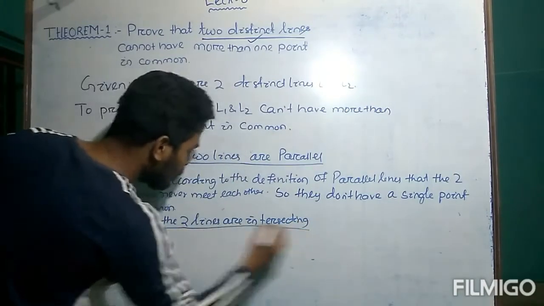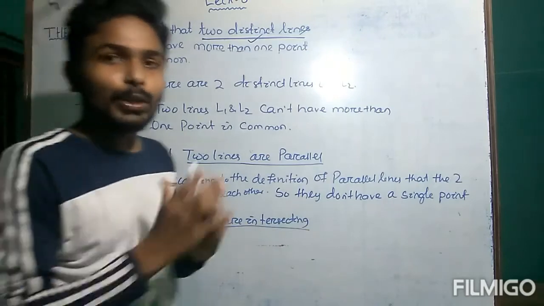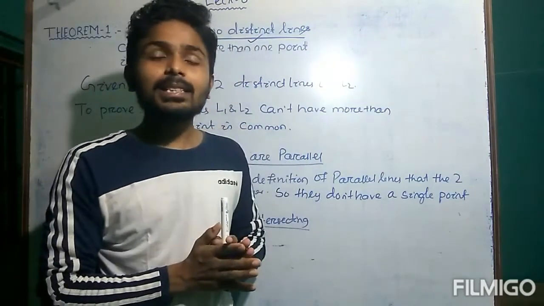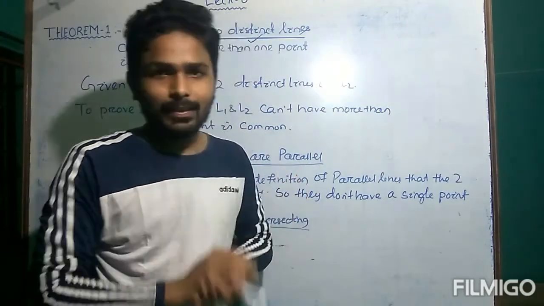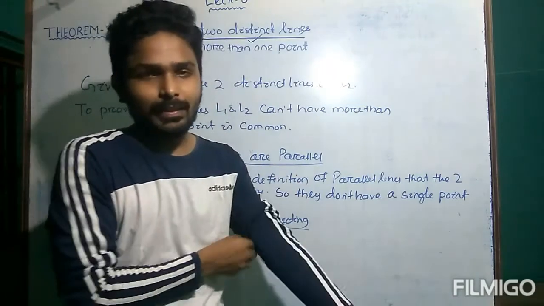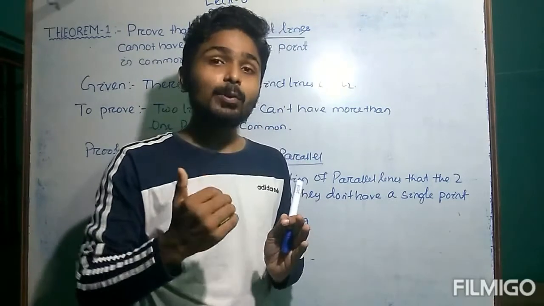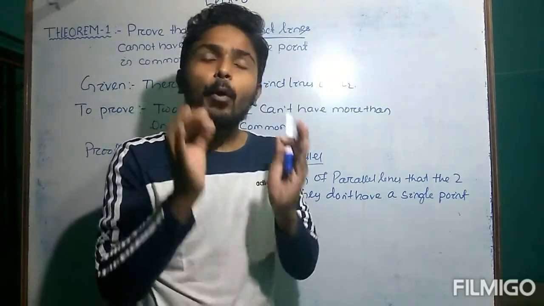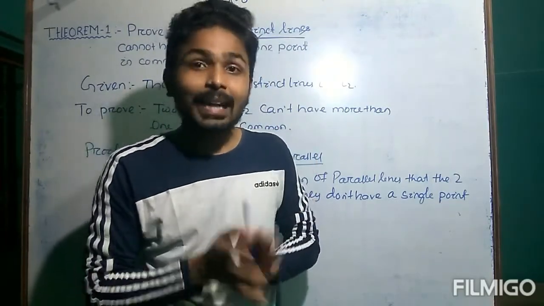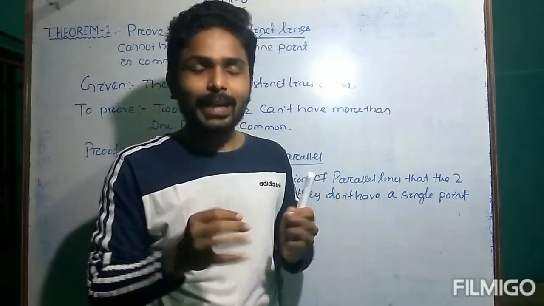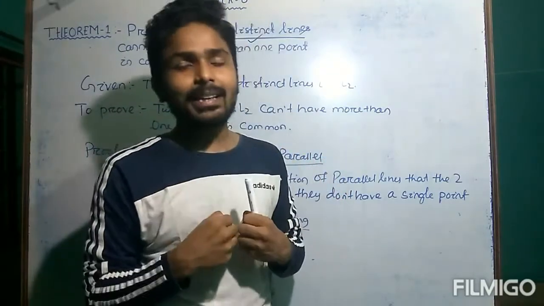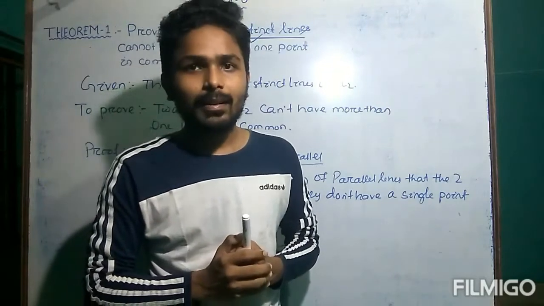In order to prove this case, we have to use a special method that is known as the contradiction method. What is the contradiction method? In the contradiction method, we have to assume or suppose a false statement, and then at last we have to prove that the assumption we have taken is wrong. Understood?